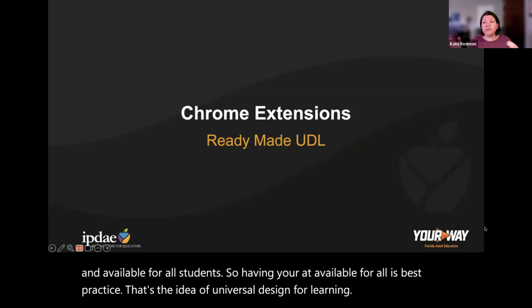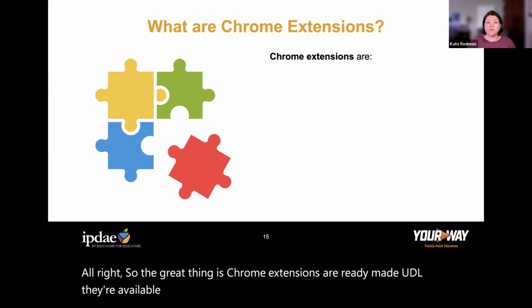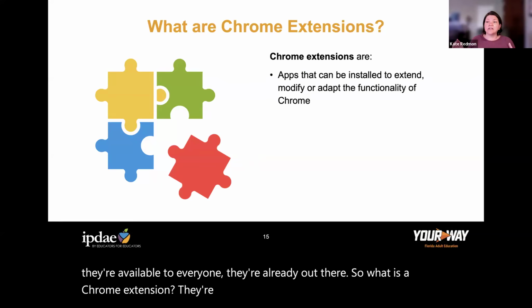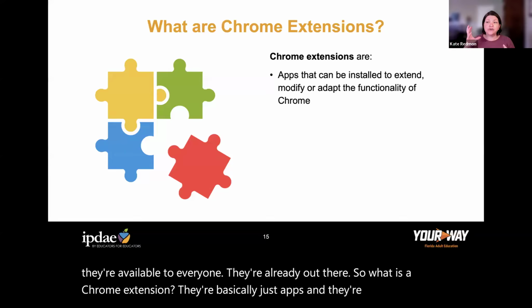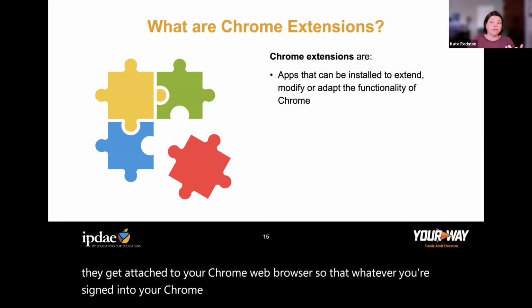All right. So the great thing is Chrome extensions are ready-made UDL. They're available to everyone. They're already out there. So what is a Chrome extension? They're basically just apps and they get attached to your Chrome web browser so that whenever you're signed into your Chrome web browser, they're usable there.